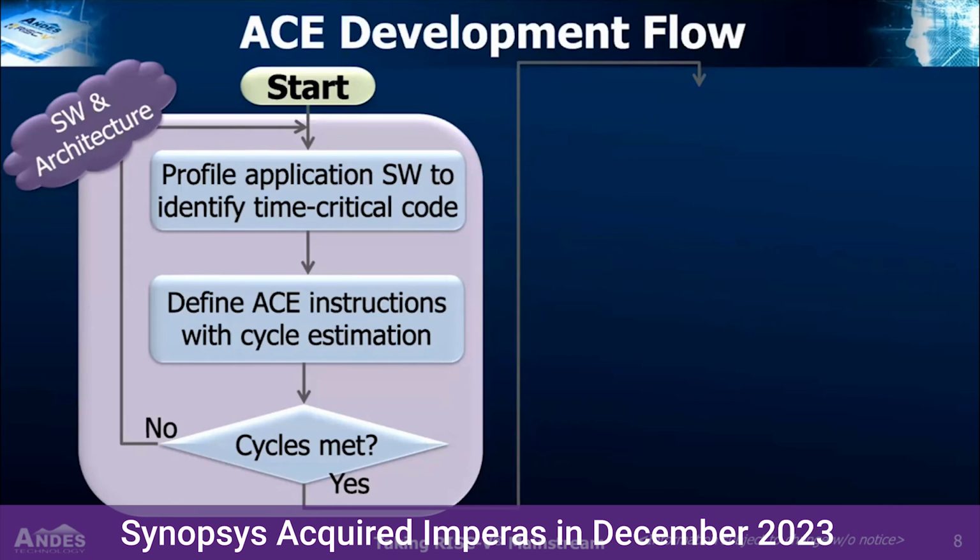Then look at those routines and define instructions to accelerate that subroutine. Has the cycle target been met or not? Well, usually if you're like me, the first time, some of the instructions don't work. They have some side effects. So it's important to have a good simulator to estimate cycles and performance.